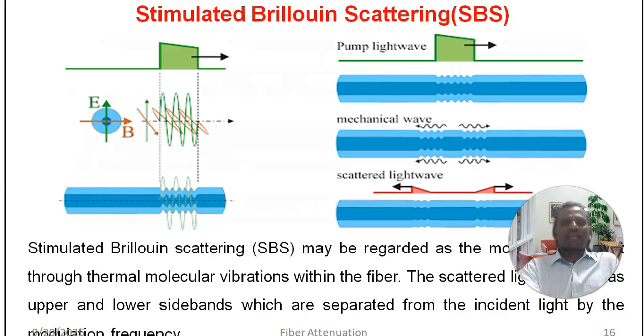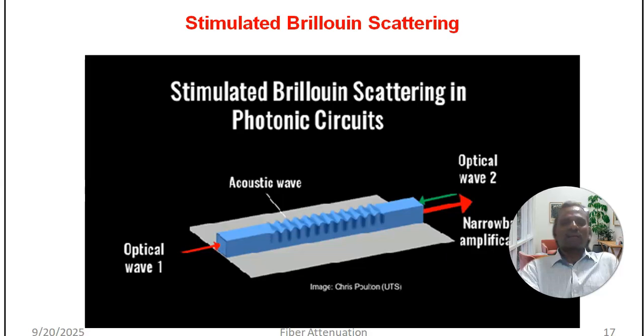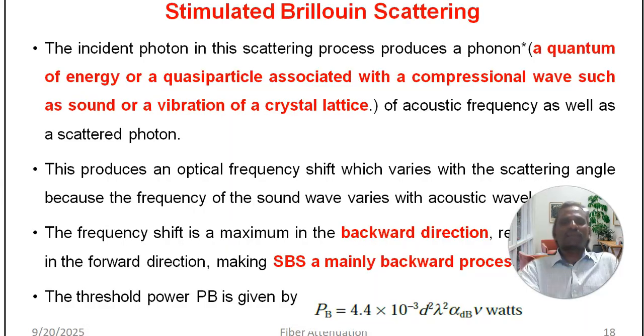The most common types of nonlinear scattering are Brillouin scattering and Raman scattering. Brillouin scattering arises from thermal molecular vibrations within the fiber, which has lower sidebands, which will occur in both directions. And this is stimulated Brillouin scattering, involving energy or quasi-particles associated with compression waves, with sound or vibration of the crystal lattice.